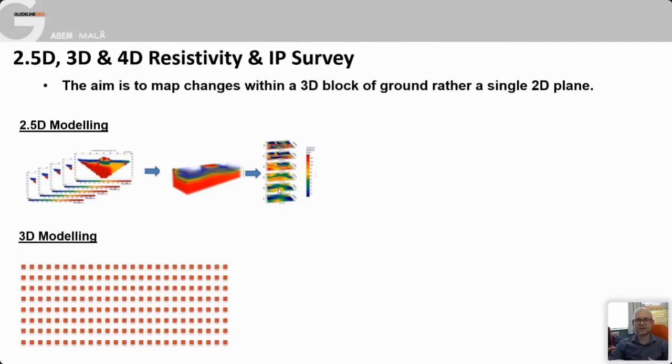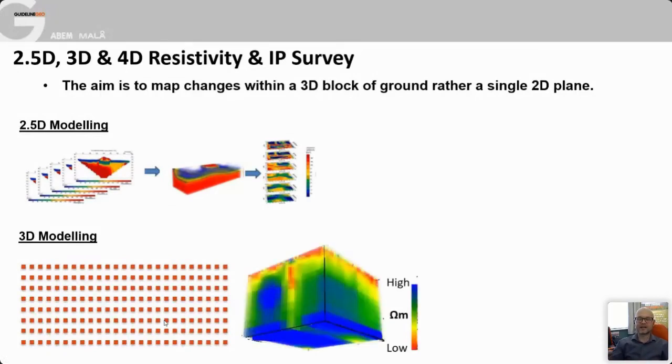So you can get around that by doing true 3D measurements. You lay out a grid of electrodes, rows and columns of electrodes, looking from the top down, and then we tell the instrument to survey in all directions through that grid: east, west, north, south, diagonally. That builds a 3D cube of raw data to invert.